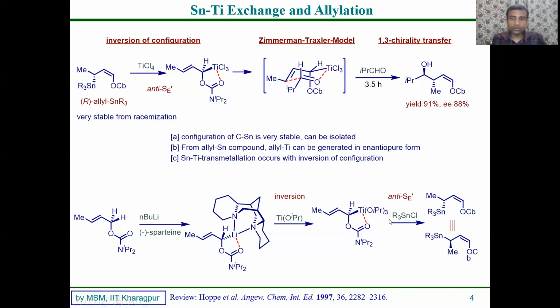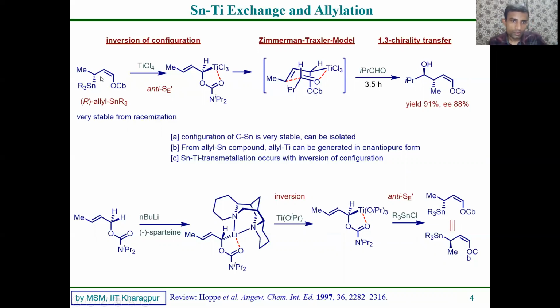One more point is this can be directly used as an allylation reaction, but this type of tin compound, as shown here, the allyl tin compound, has a very stable configuration, not like allyl titanium or allyl lithium reagent. So this type of compound can even be isolated. They are very stable.